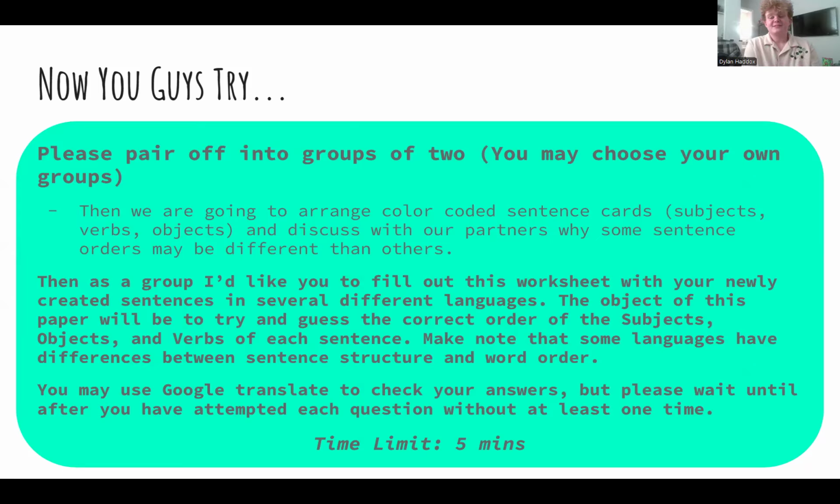Make note that some of these languages have differences between sentence structure as well as word order. And finally, you may use Google Translate to check your answers, but please wait until after you have attempted each question without help at least once. All right, guys, I am going to give you just a few minutes to work on this one.